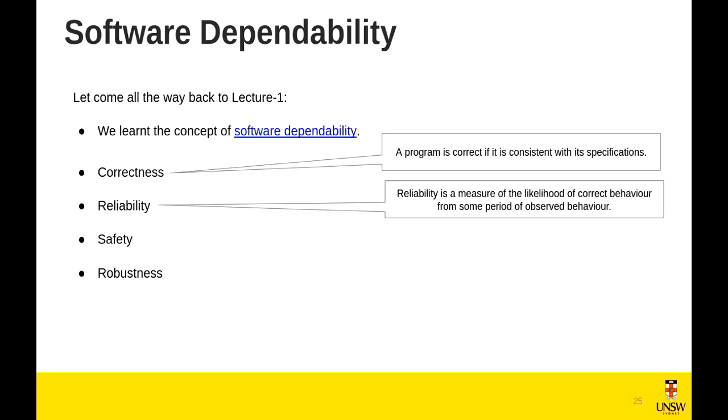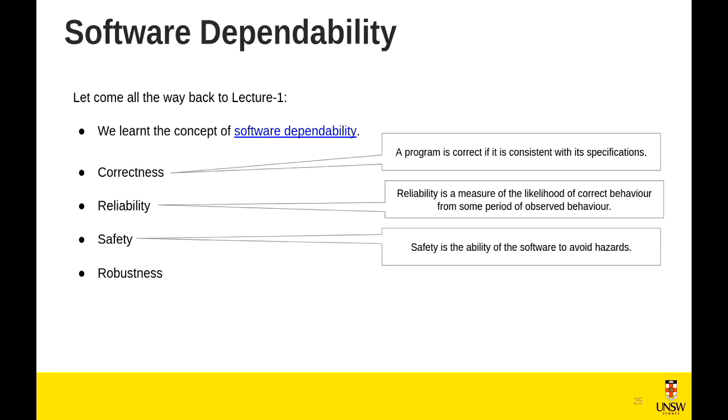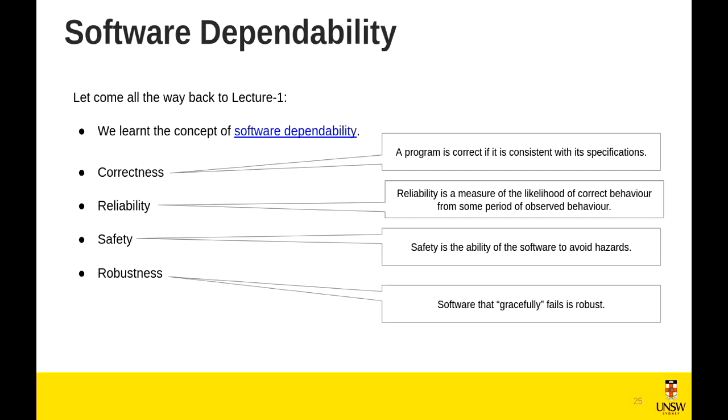If we count in the severity of the issue, we think about safety. Safety is the ability of the software to avoid very severe issues. And the last thing is robustness. If the software can gracefully handle errors, then this software is considered robust.